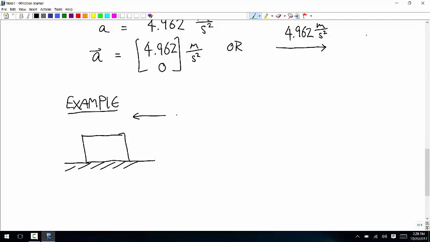So the direction of motion is still to the left. There's still a force of 30 newtons this way. And then there's a downward force of, let's say, 101.9.